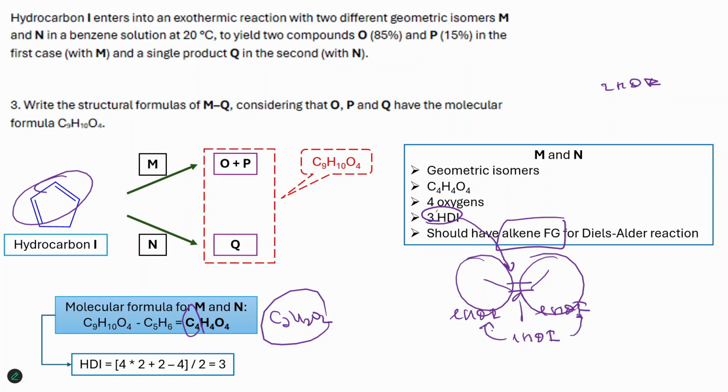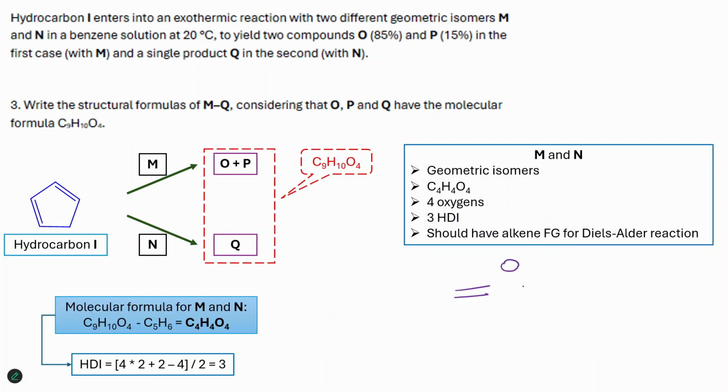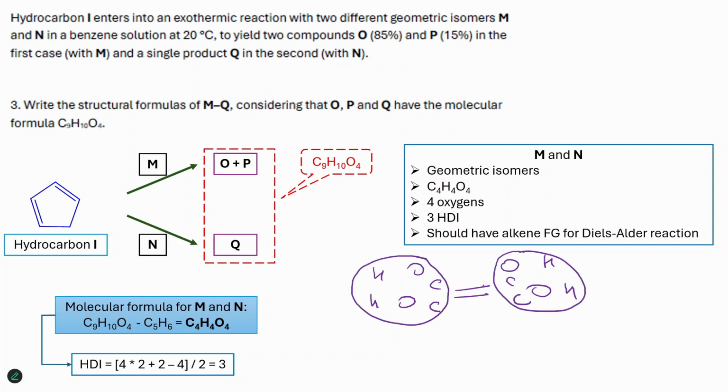So I need 1 HDI in each side. By having these, everything together, and I also have 4 oxygens, so 2 oxygens should be here. And can I have a ring here? Because I also have just 2 carbons here. I'm just putting it here and 2 hydrogens here. So I hope it makes sense, right? So I have to use C2H2O2 on this side and 2 carbons here. I have to connect them somehow. I hope it makes perfect sense.